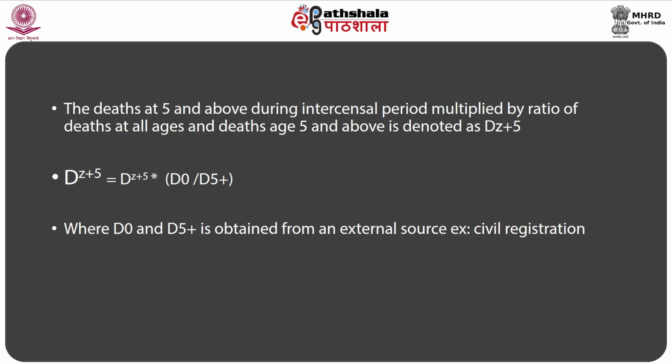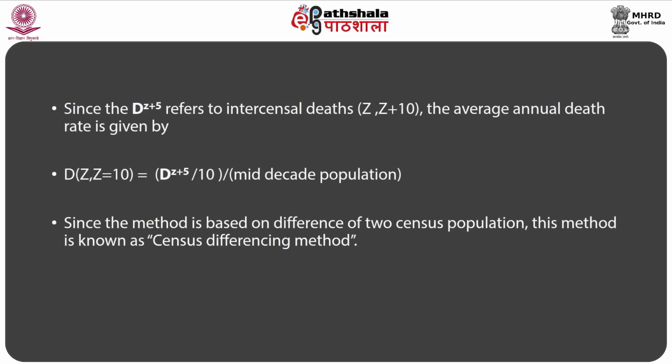That is, D^(Z,Z+10) equals D_5+ multiplied by D_0 divided by D_5+, where D_0 and D_5+ are obtained from an external source, namely civil registration. Since this refers to intercensal deaths, the average annual death rate is given by the total deaths divided by 10, the whole divided by the mid-decade population.